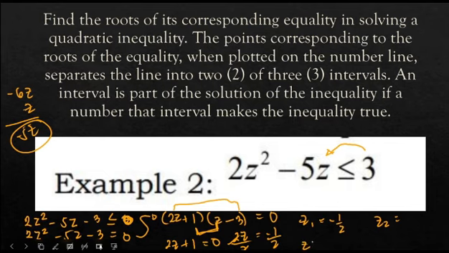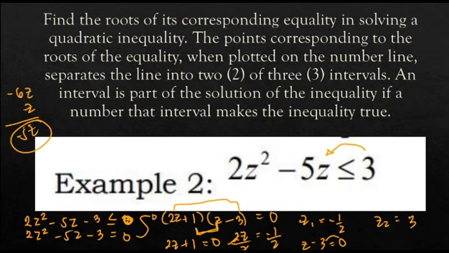So, z minus 3 equal to 0. Lipat lang yan. So, ang z sub 2 natin ay positive 3. So, we'll now be dealing with this, yung z sub 1 na negative 1/2 and z sub 2 na positive 3.